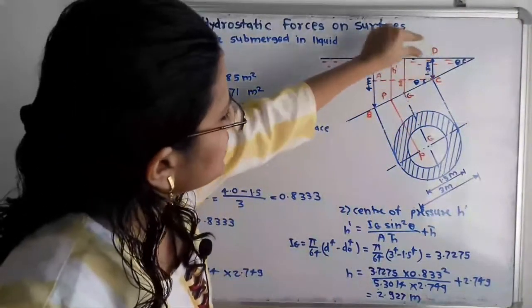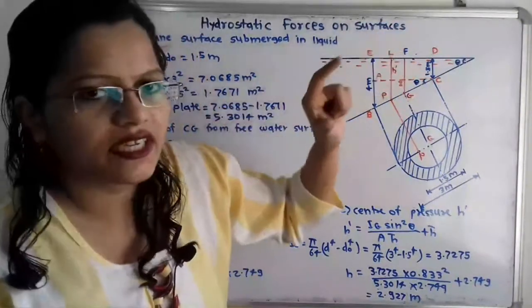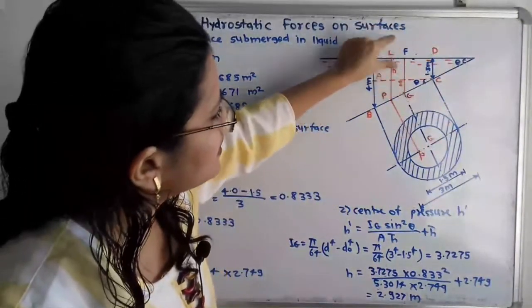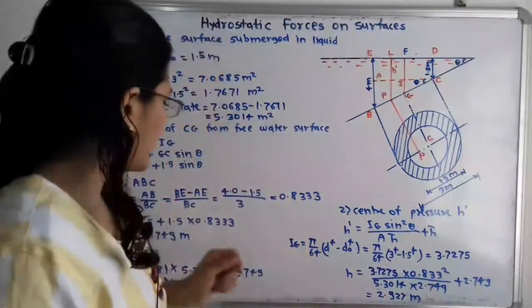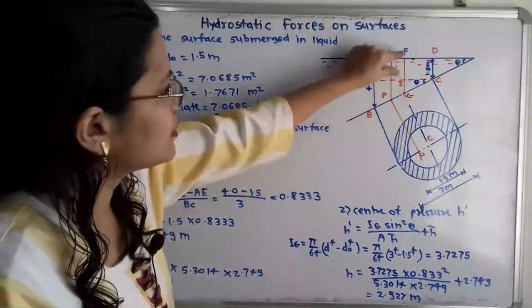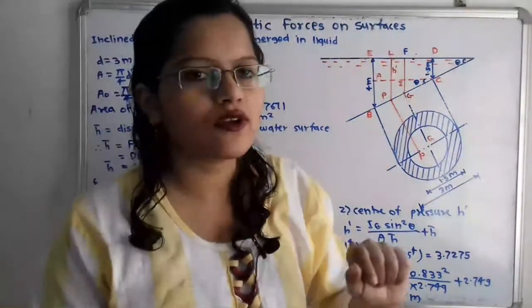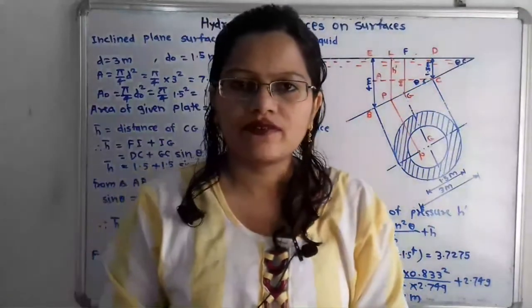So this DC is equal to FI, and FG means what? That is H bar, and FG is equal to FI plus IG. So we can write H bar is equal to FI plus IG. Now FI, we know the value of FI, that is equal to DC, which is equal to 1.5 meter.